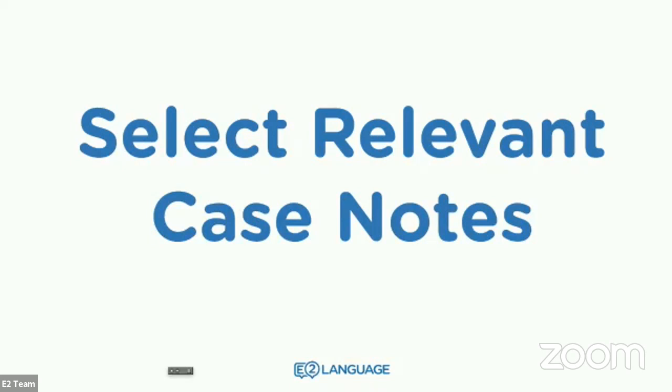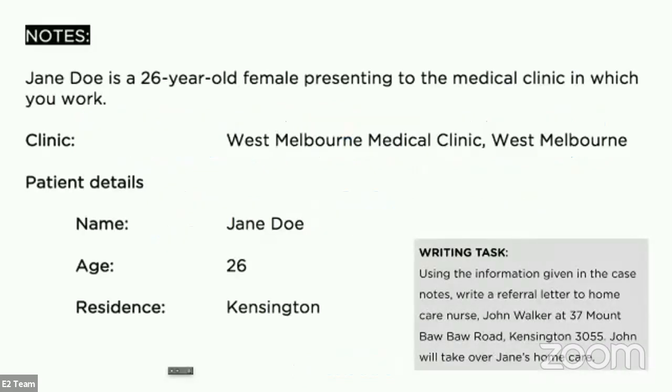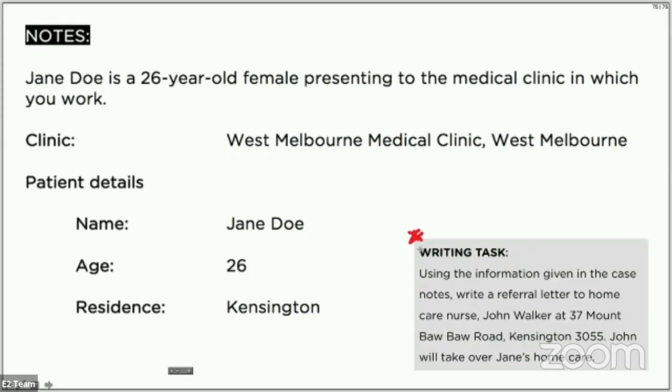And I use the word relevant purposely there, because you have to select relevant case notes, not just random case notes. So let's have a look at this. We're going to keep the writing task in our mind while we read these case notes, and think about whether they're relevant or not. So if you need to, refer back to the task.